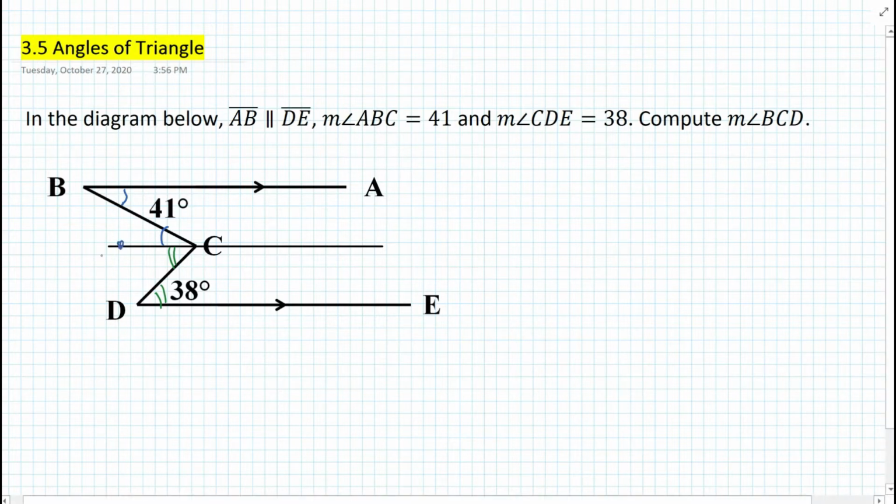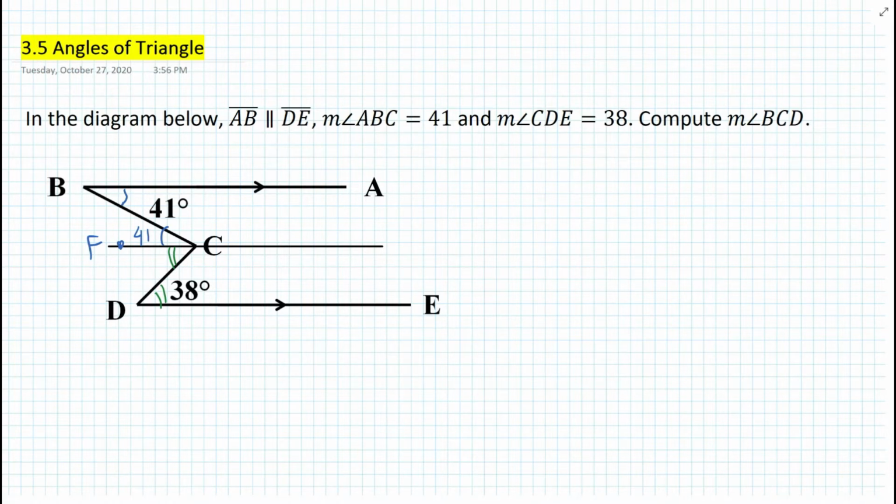Well, let's call that point F here. So what's the measure of angle BCF? Well, it turns out that that is also 41 degrees, because if two parallel lines are cut by a transversal, in this case transversal BC, then the alternate interior angles are equal in measure.